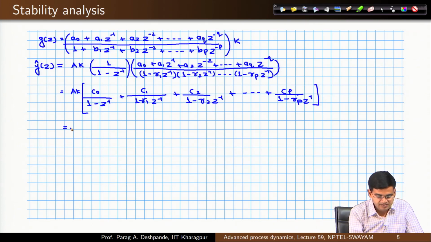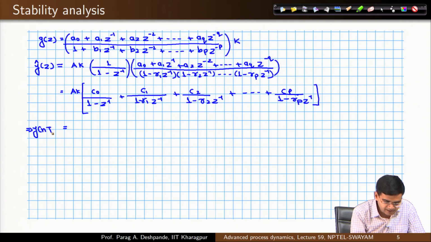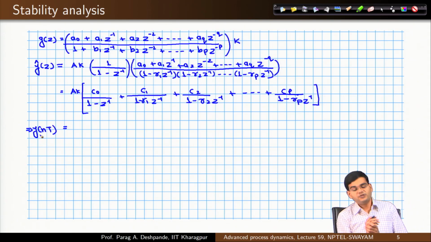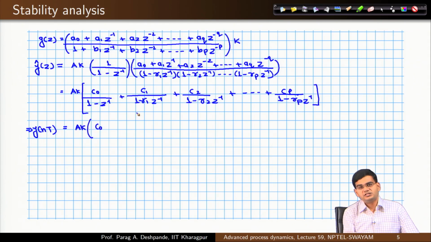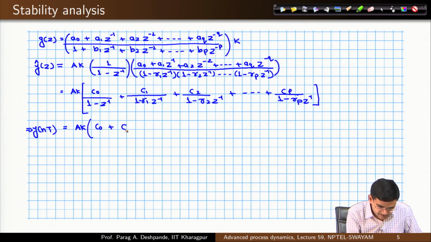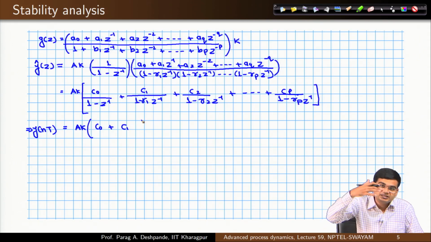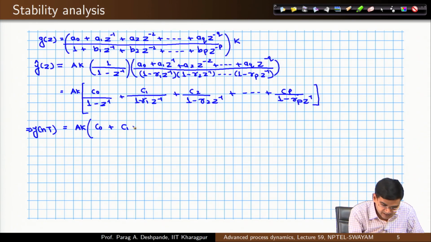And therefore, y of n t, the inverse Z transform, will give me what? A k times C 0, because 1 over 1 minus Z inverse is simply the Z transform of a unit step function, plus C 1, we will take the inverse transform, and this would be e to the power n ln r 1.